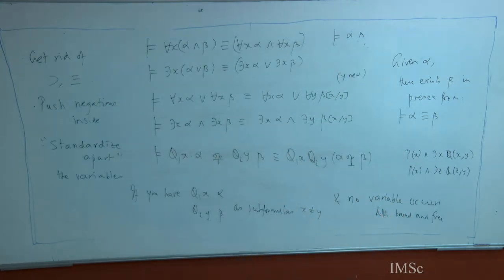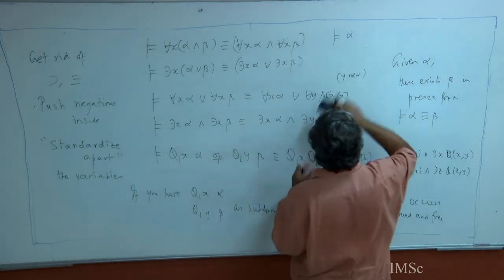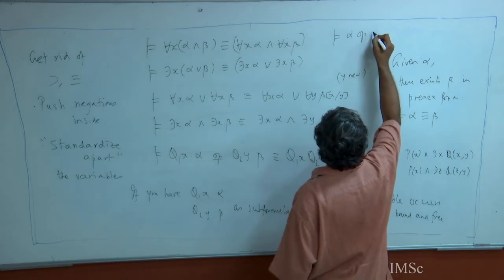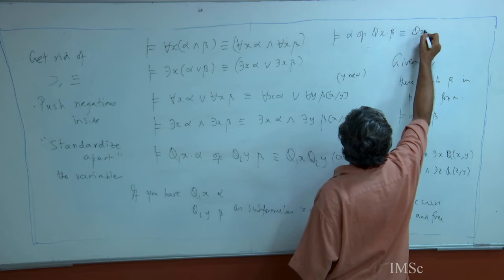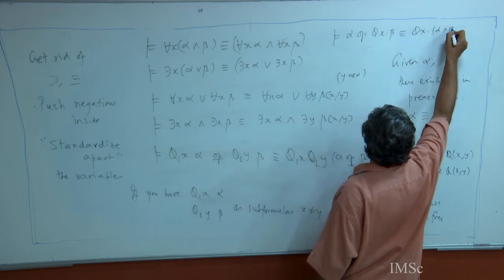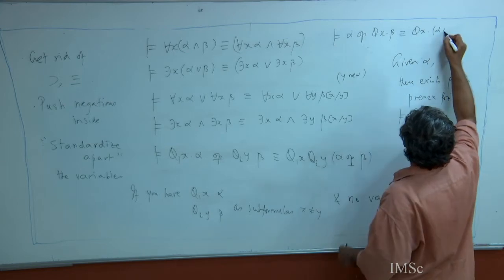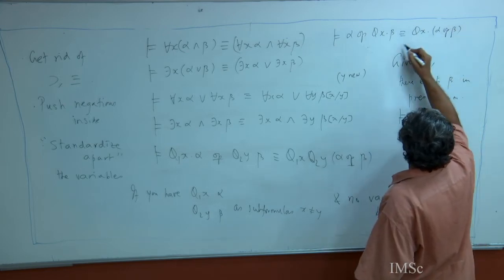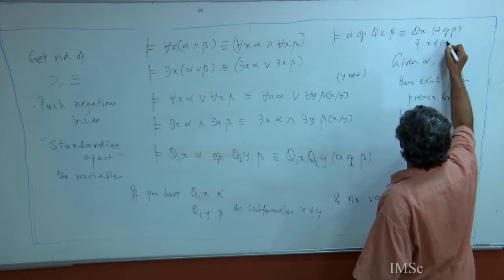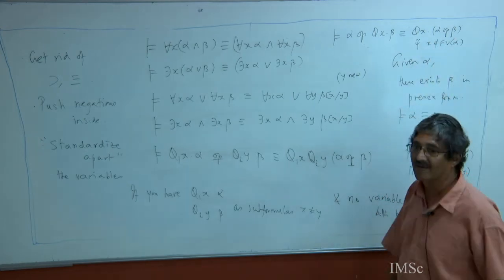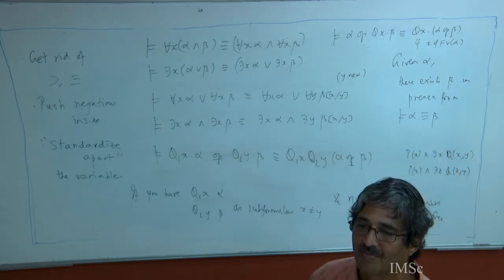What else do I want? I'll write op here because it doesn't matter. Alpha op beta, if x does not belong to, if x doesn't occur free, you can always put a quantifier and pull it out.